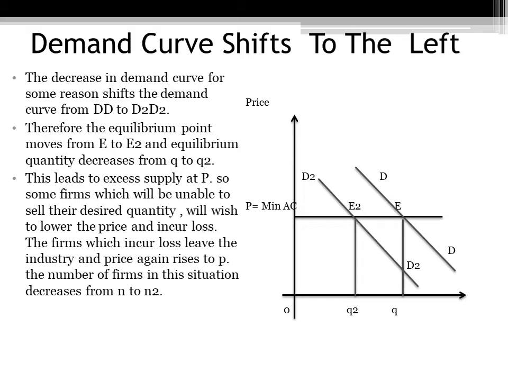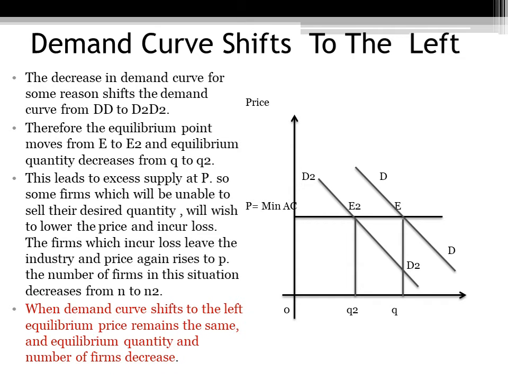The firms which incur loss leave the industry and again the price increases to P. So there is no change in the equilibrium price, but the equilibrium quantity and the number of firms decrease.